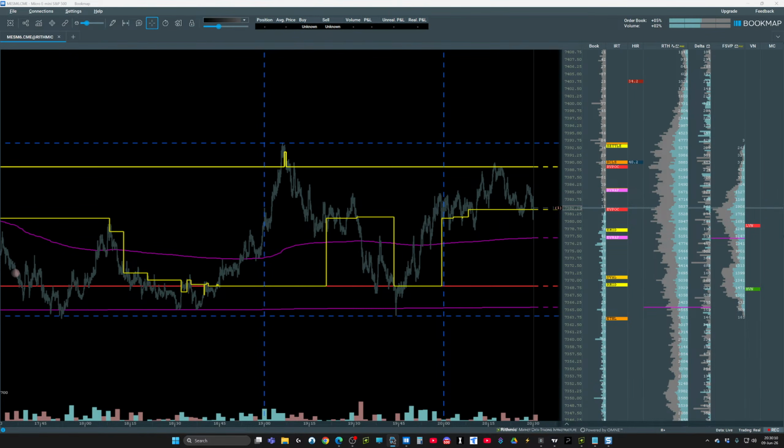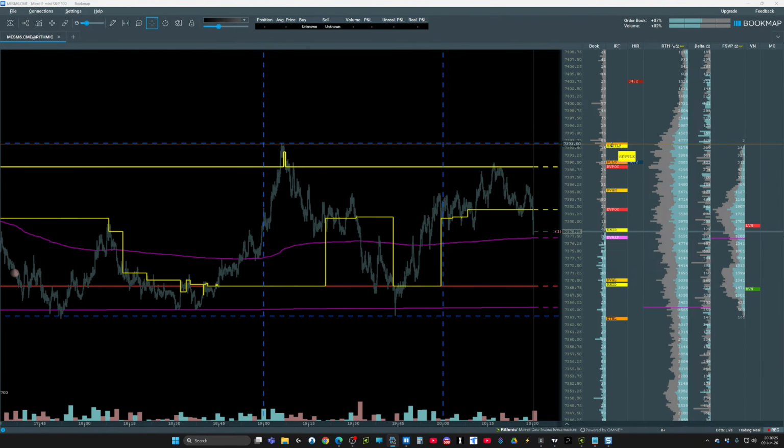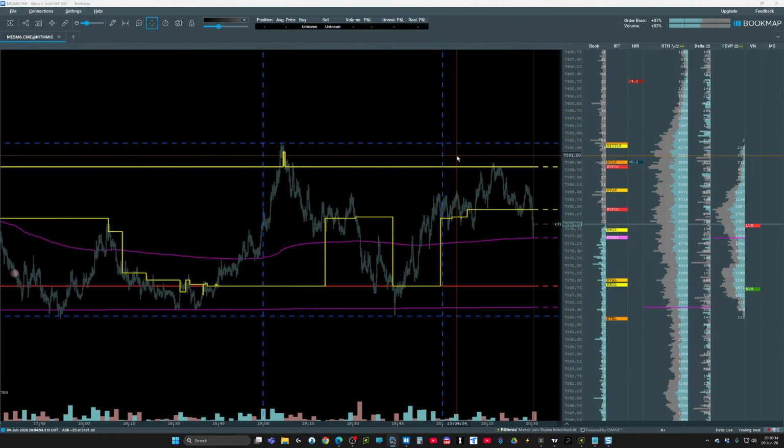Well, we're in a spot where we might do a front run here. Last couple of sessions, they've taken this straight to settlement for that ORB high.